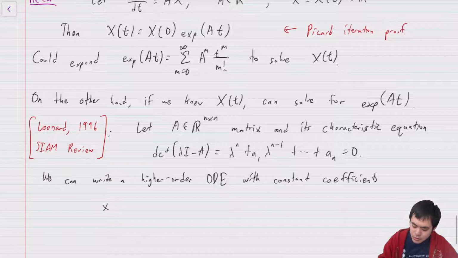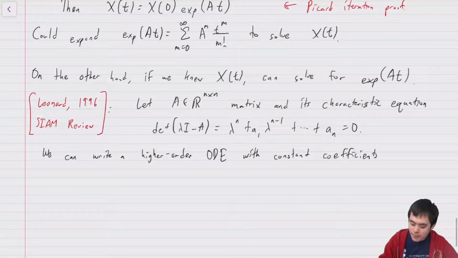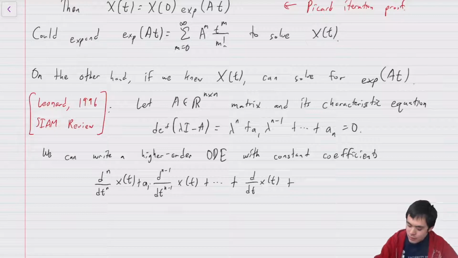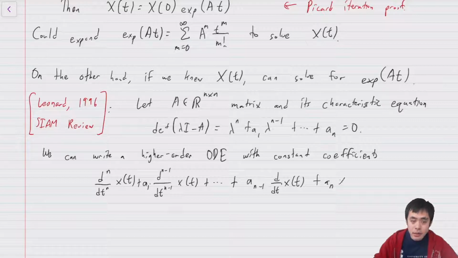So d to the n dt to the n of x of t plus a1 times d to the n minus 1 dt to the n minus 1, so the n minus 1th derivative of x of t, plus dot dot dot plus a n minus 1 d dt of x of t plus a n x of t is equal to 0.